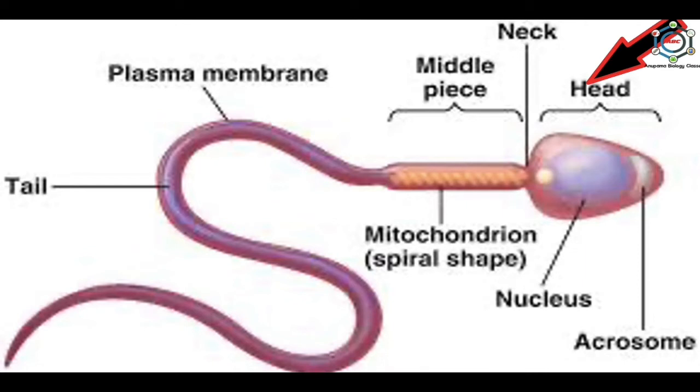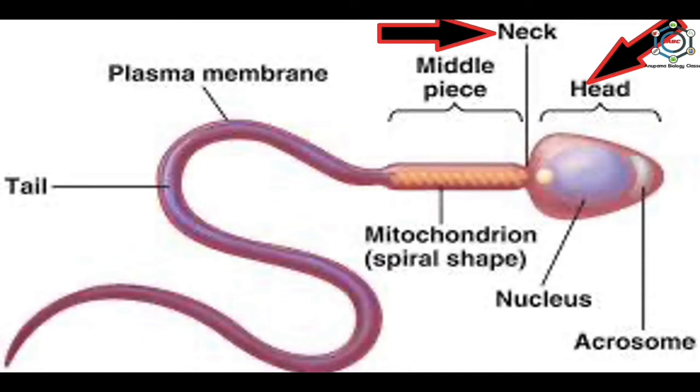The head is composed of the nucleus and the acrosome. The nucleus has only condensed DNA and basic proteins, while the acrosome is formed by the Golgi complex and contains hydrolytic enzymes which are used to contact and penetrate the egg in fertilization.